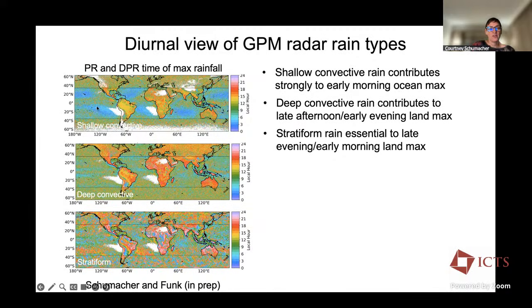So over the tropical oceans, the shallow convection is in the morning. And then over land, it tends to be early afternoon, although that depends over the Amazon versus Africa versus even the Indonesian subcontinent. There is variability in the timing of the shallow convection. When you get into the deep convection, it happens later in the day. Certainly over the ocean, it's not as clear a signal.